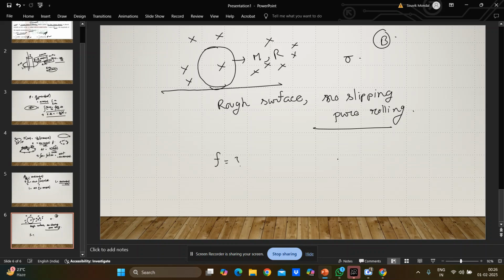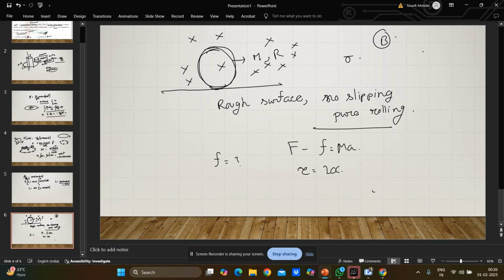So you mainly have to calculate the force acting on it, and write the equations of motion and torque equals I alpha. Basically you have to write these two equations. You can simplify this: don't think of it as a disk, first solve it as a ring of mass m and radius r.